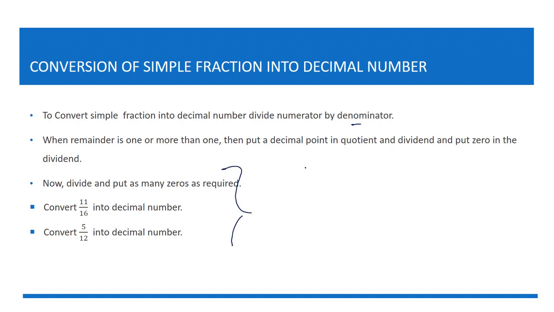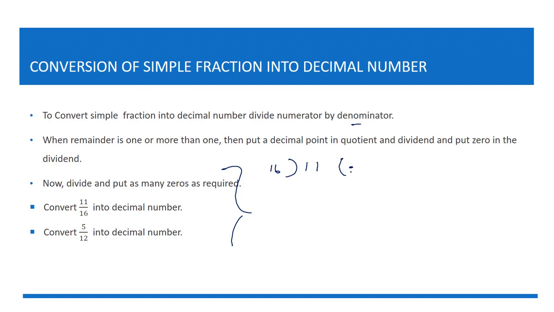Let me show you converting 11 by 16. So what we need to do? We are supposed to divide the numerator by the denominator, 16. Correct? Now we cannot divide because 11, the numerator, is less than 16. That's why I'll place a decimal point here.